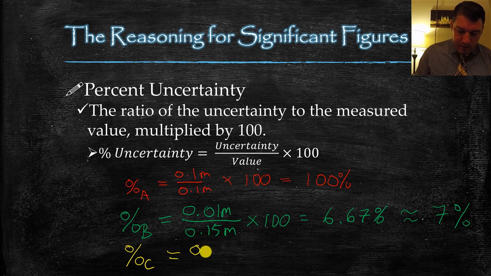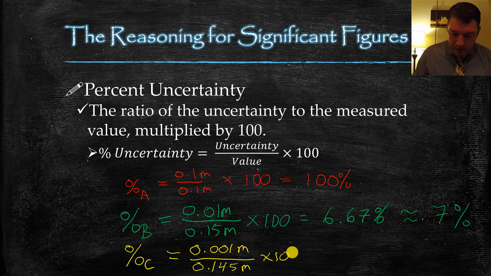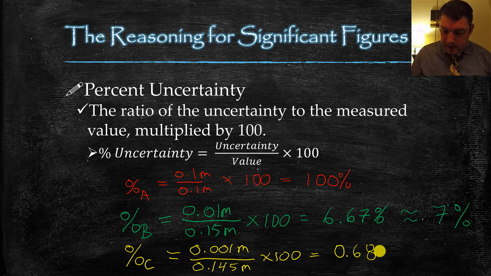For the final meter stick, when we measure the percent uncertainty for meter stick C, we take the estimated value, or uncertainty, which was in the thousandths of a meter, and we divide it by the measured value, which was 0.145 meters. Then we multiply that by 100, 0.6897%.